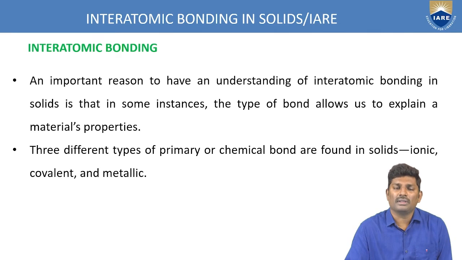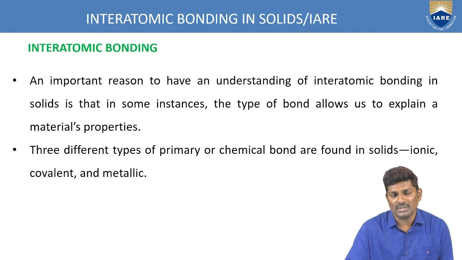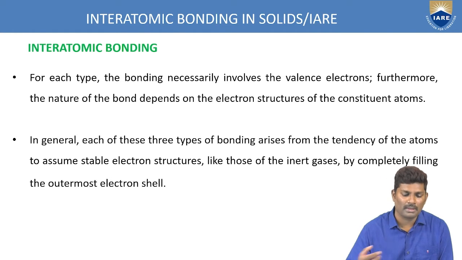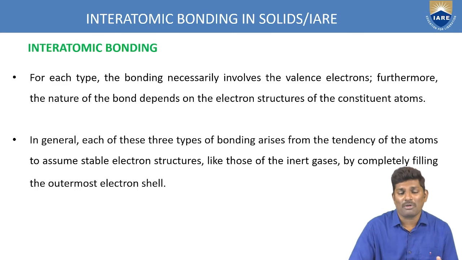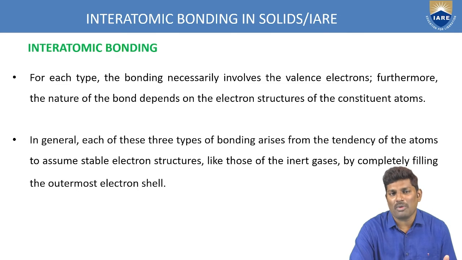Now we'll see the different types of bonding in each category. Three types of primary or chemical bonds are found in solids: covalent, ionic, and metallic. How do we categorize them?